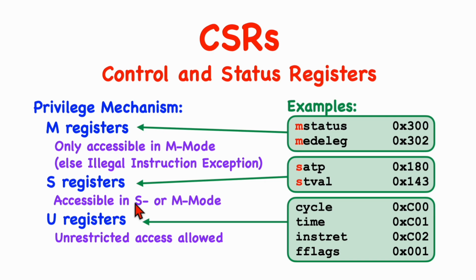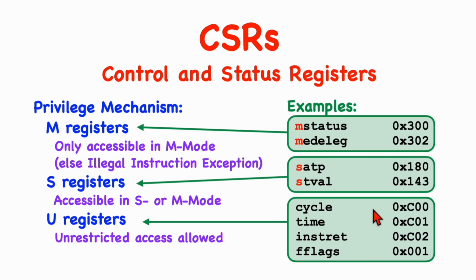And if code running in supervisor or user mode tries to access one of these registers, an illegal instruction exception would occur. Other registers can be accessed either in supervisor or machine mode. Otherwise, code running in user mode would cause an illegal instruction exception. And finally, some registers can be accessed regardless of the mode, so there's no restriction at all.